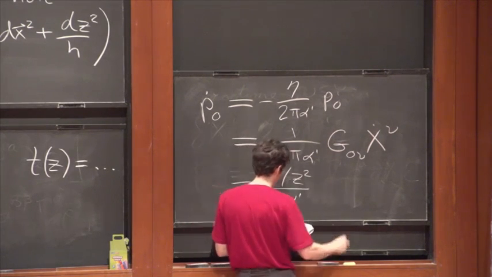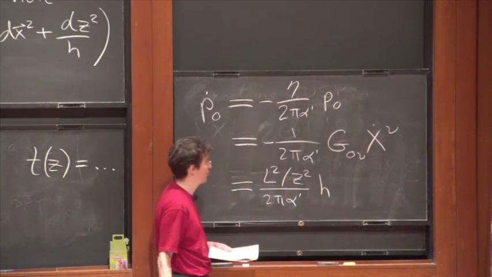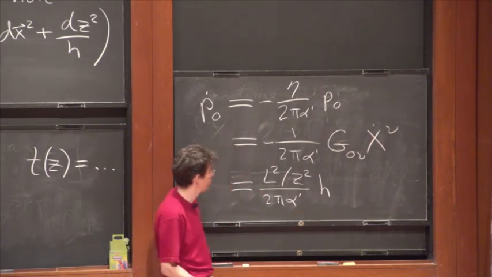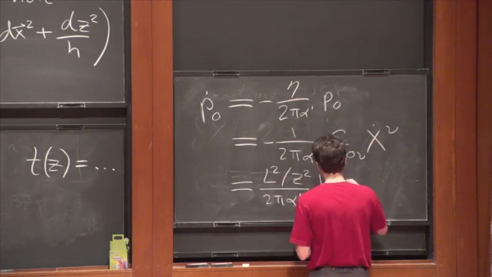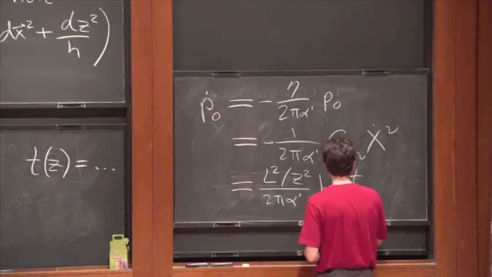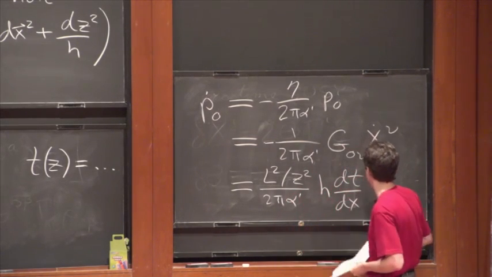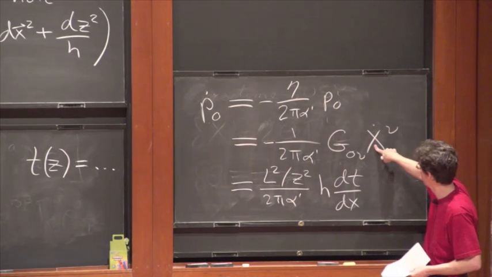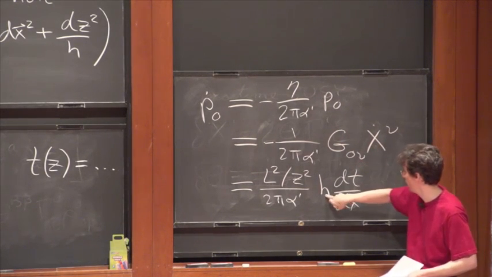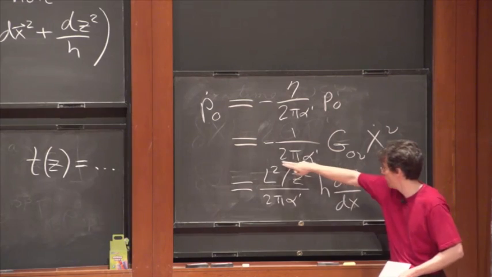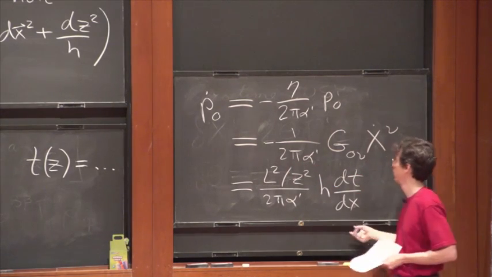So G00 has a factor of this blackening factor H, and then there's dt dx. So this factor went right to there. This G00 became H and the L squared over Z squared, and then the tension factor came across as you see.